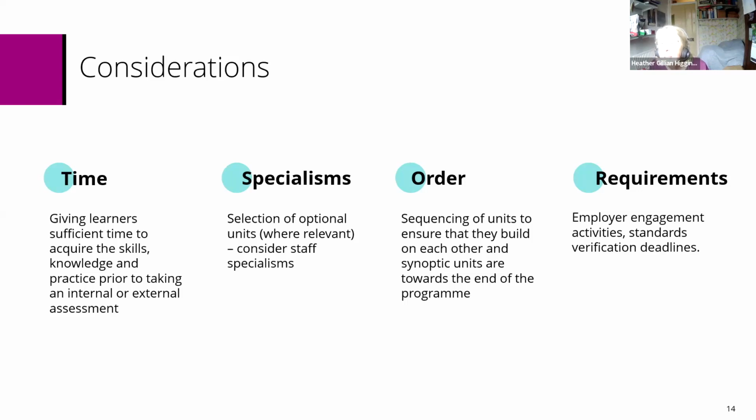Again, specialisms, select where relevant. Consider the staff, order and sequencing of units to ensure that they build on each other, and synoptic units are towards the end of the program. Now, the synoptic unit, one that draws in information from other units, is Unit 4, the exam unit. We strongly recommend, but we can't insist, obviously, that you program that towards the end of your learner's program in the second year.